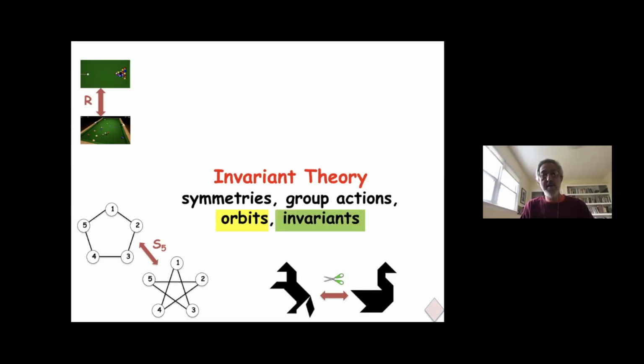And let's look at these examples. In the cutting and pasting shapes, the area doesn't change. That's easy to see if we don't overlap. And in fact, one can prove that that's the only thing that doesn't change. So in invariant theory, we want to understand all invariants of a process, of a group action.